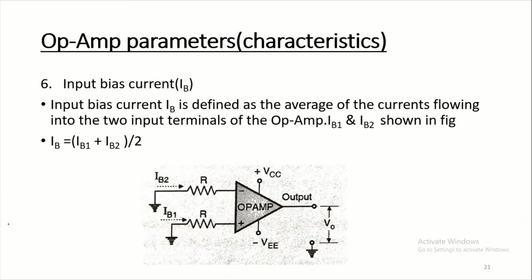Ideally, the currents IB1 and IB2 must be 0, but for a practical op-amp, they do exist due to the finite value of input resistance Ri. Due to the slight difference in the characteristics of transistors used in the input stage of an op-amp, the two currents IB1 and IB2 are not equal. The input bias current should be as low as possible. It can be reduced to the nanoampere level.